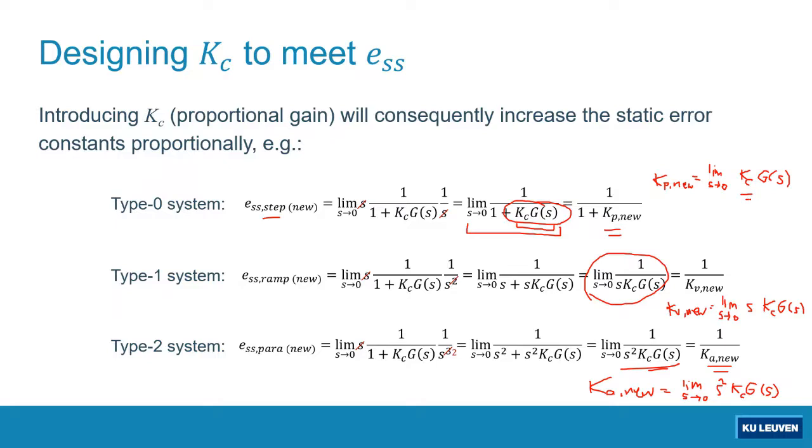If initially for my type 1 system I have a certain old Kv, but now I have a requirement to improve the steady state performance to a new Kv, I have to set a proportional gain equal to Kc according to the new Kv. Same thing for a type 2 system.